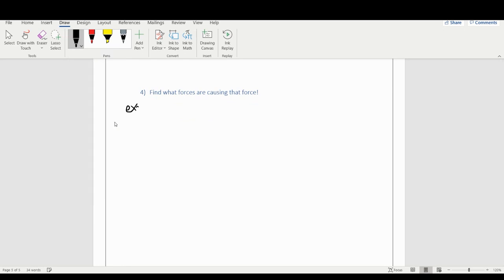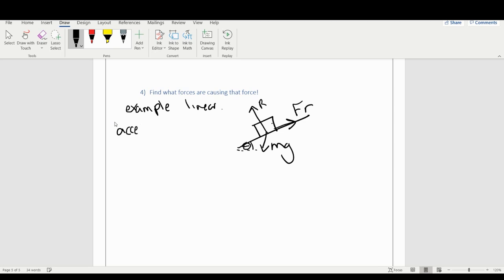This is exactly the same as what you would do in linear motion. So just to make you aware, in linear motion, if I had a box on a slope, for example, and I had the friction here, and I had the weight downwards, and I had the reaction there. Let's say at this angle theta. If I wanted to find the acceleration down the slope, I'd find what forces are down there. So what are the forces down the slope?